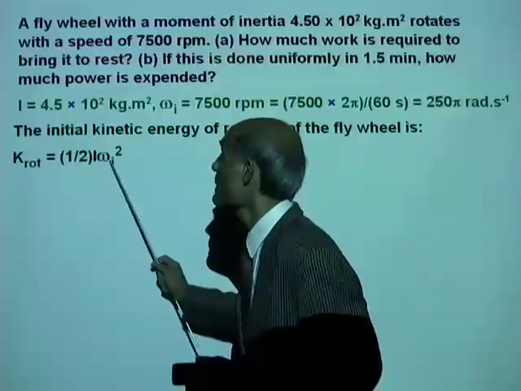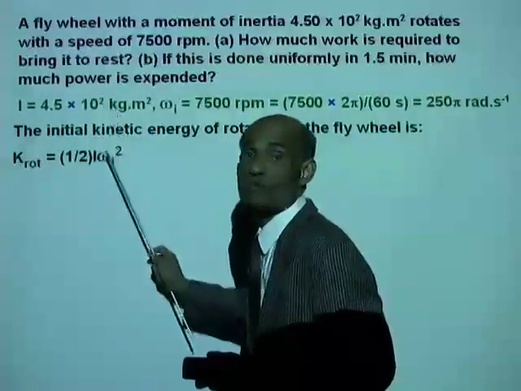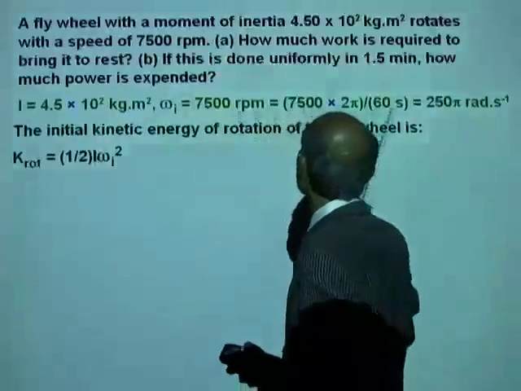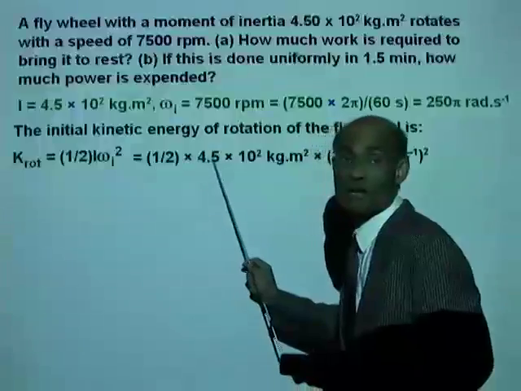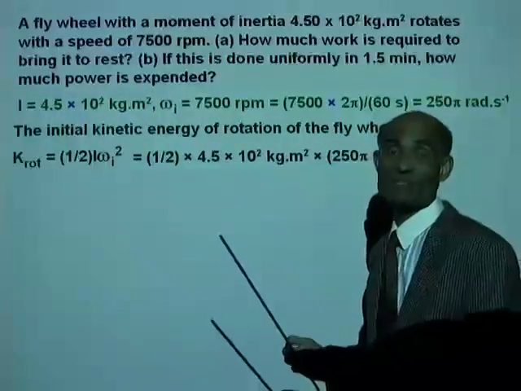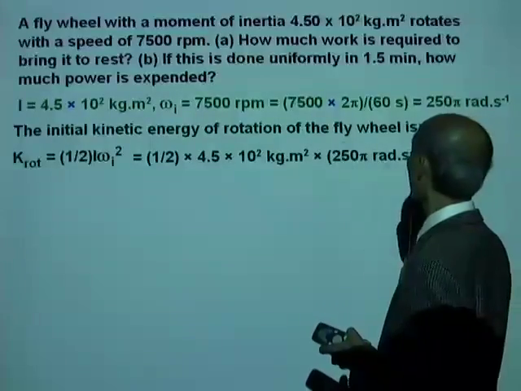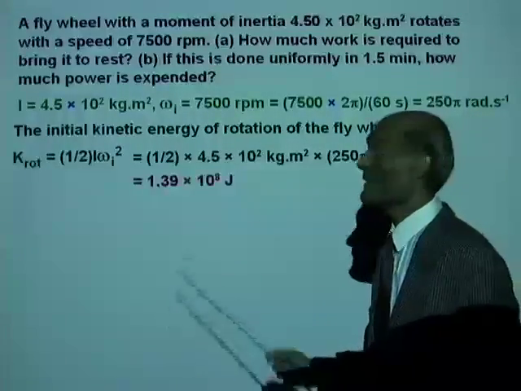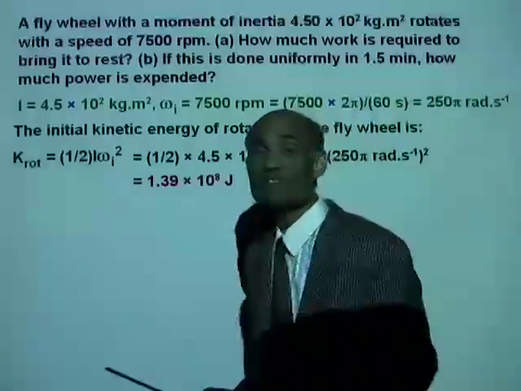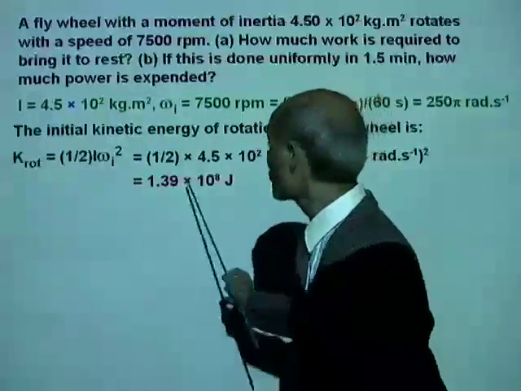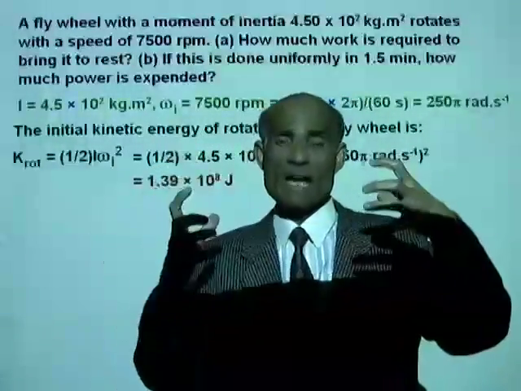1/2 I omega I squared. We know I, the moment of inertia, we know omega I, that is 250 pi, and that will be 1/2 times 4.5 times 10 to the power of 2 times 250 pi all squared. And that gives 1.39 times 10 to the 8 joules. Now, this is the amount of kinetic energy the wheel now has.